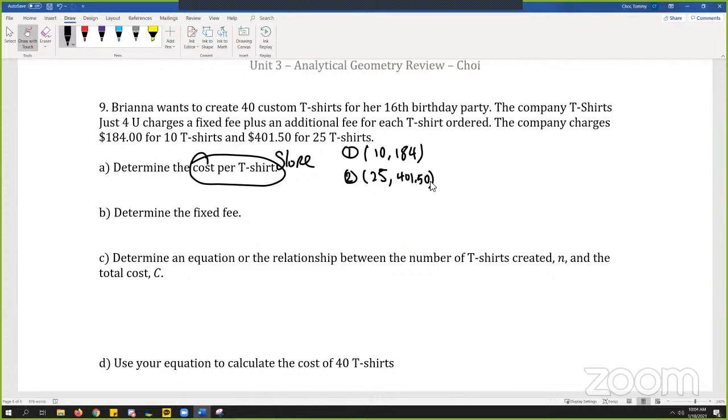Okay. Then you can calculate the slope. If you plugged it in correctly, you should have gotten 401.50 minus 184 over 25 minus 10. Okay. Sorry, just doing the math here.